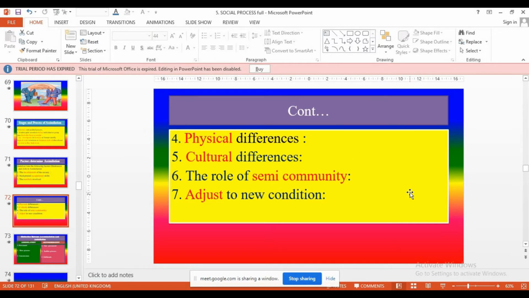Sixth one, semi-community, which means small groups. Assimilation concerns the whole society, between small groups and large groups. Seventh one, adjusting to new conditions. More adjustment aids assimilation, lack of adjustment hinders assimilation.